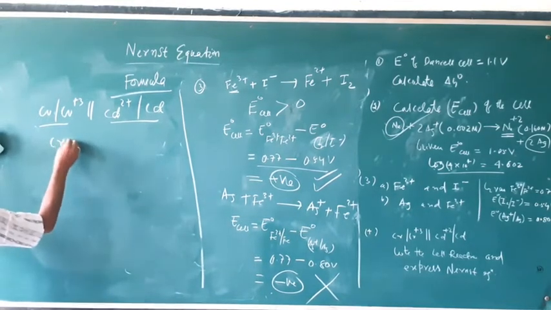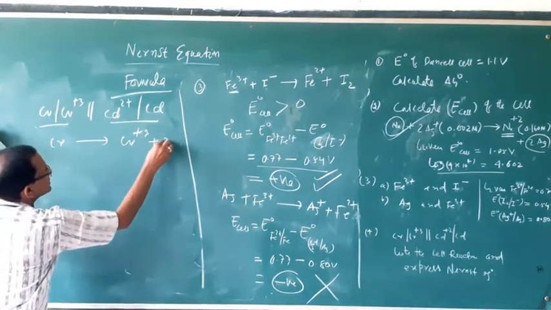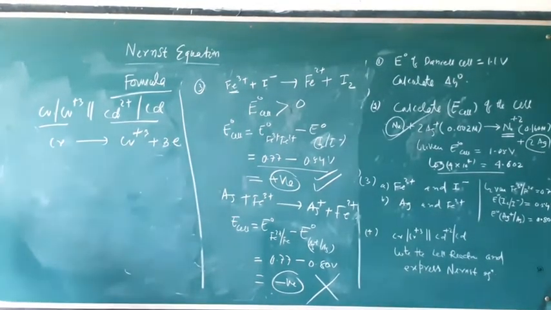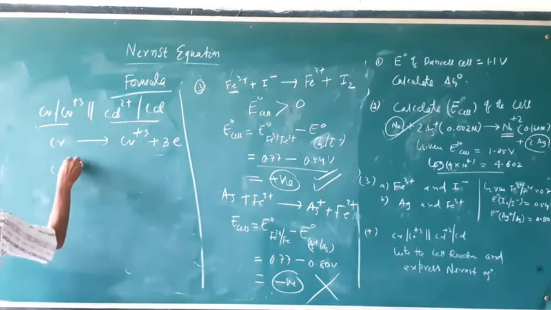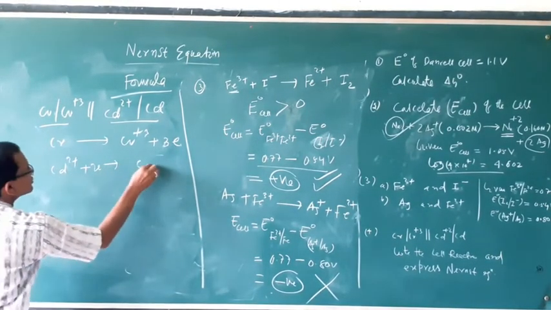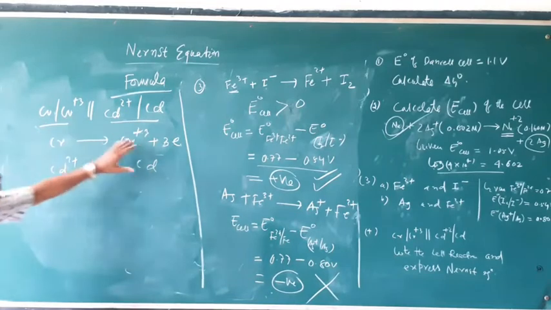Anode is here: chromium changes to chromium ion. Now you write 3 electron here. Now here cadmium 2 plus changes to cadmium, with 2 electrons. That is already written, the same thing you repeat. Left side chromium, right side chromium ion.